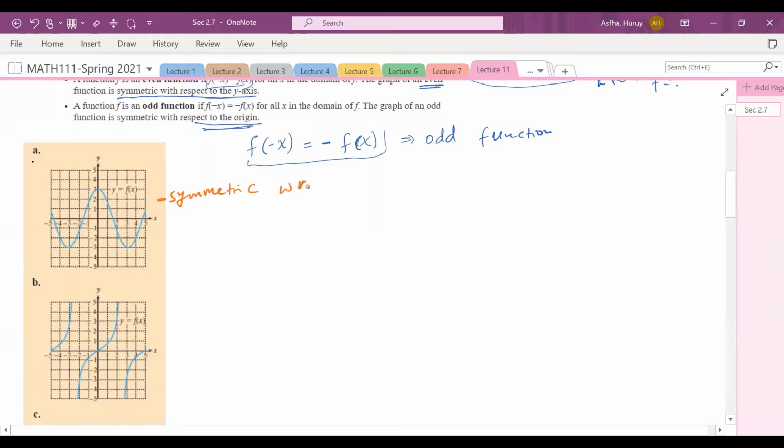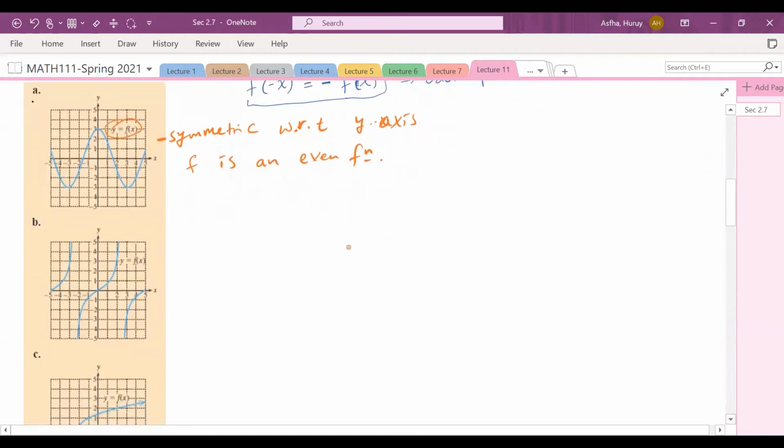With respect to the y-axis, therefore, here we have the function f of x. Therefore, f is an even function.